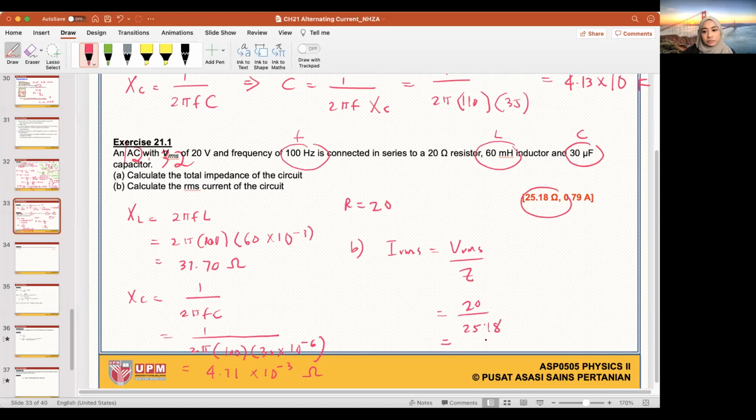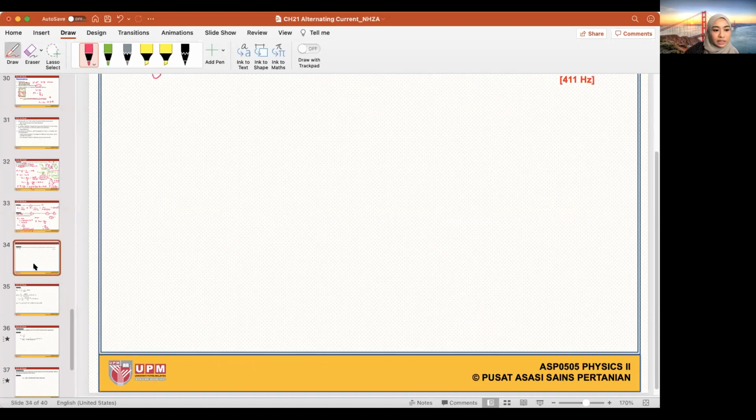And then the answer is 0.79 ampere. Okay, that was easy because kita terus dapat yang ni kan. But the A is slightly difficult for Sophia. So sorry, Sophia, you got the hard one. Okay, thank you, Farah.